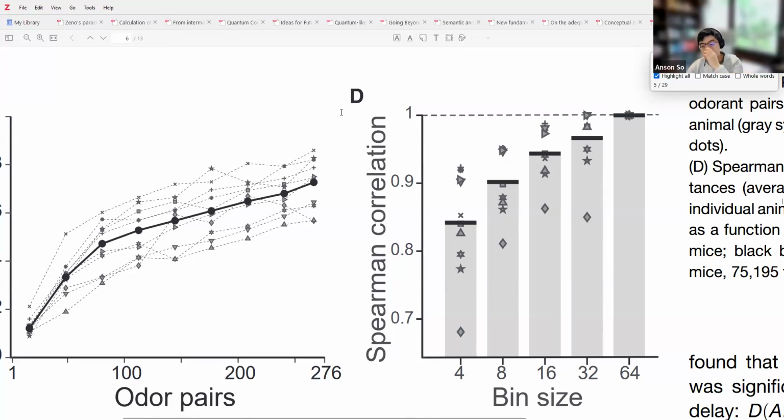My tentative interpretation would be that for a particular mouse, its response pattern, or its distance measure, is highly correlated with the group. So you can do that for every single mouse, and then you would say every single mouse responds similarly to the other mice.